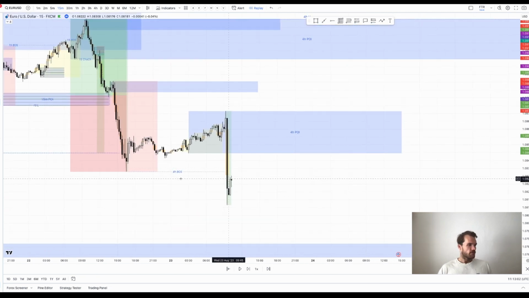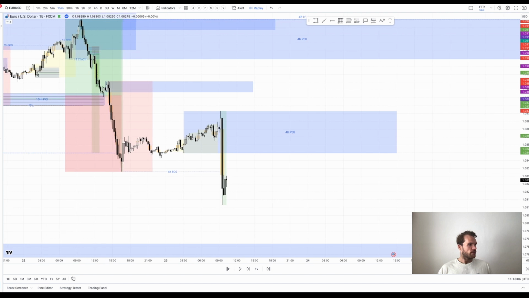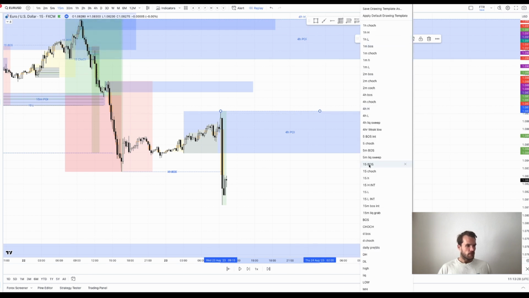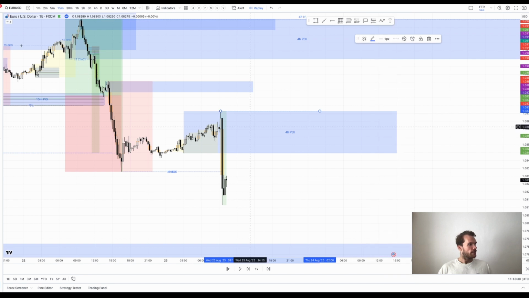But as this is a 4-hour breaker structure, we also had a 15-minute breaker structure there. So this is our 15 high. I class this one, even though it's a minor pullback, because we did have this consolidation here and we swept liquidity and pushed up. So we're going to have a look at this now. We have a 15 high there.